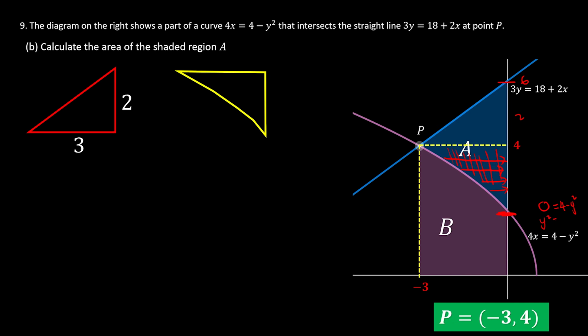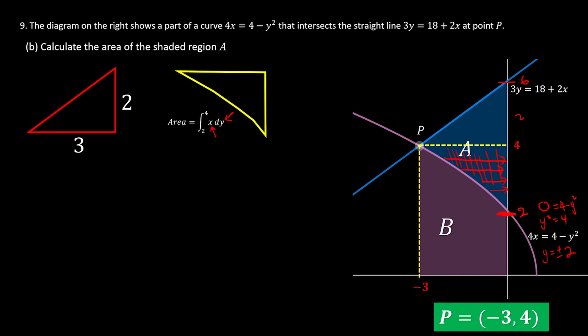So y squared equals 4, y is equal to plus or minus the square root of 4, which is 2. Since this is the upper region, this must be 2. So this curve is from 2 to 4, bounded to the y-axis. Remember, when bounded to the y-axis, in the middle must be x.